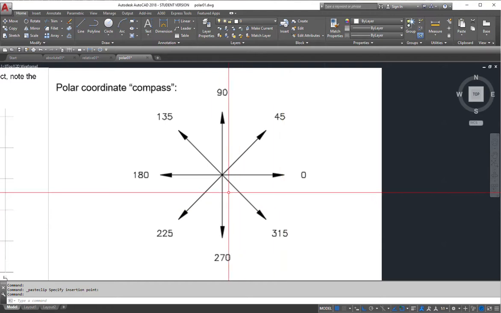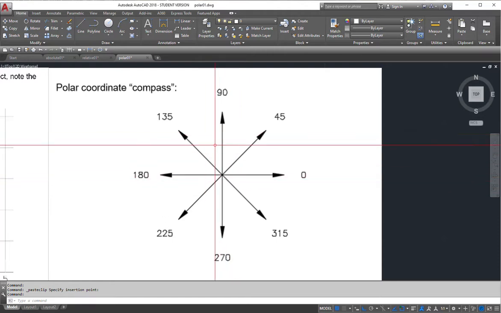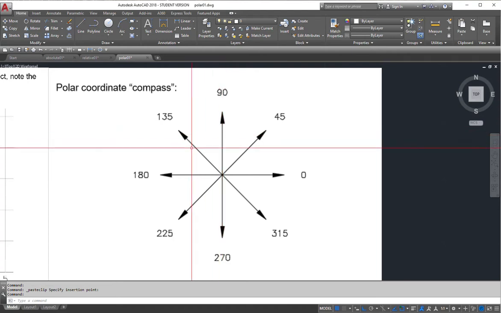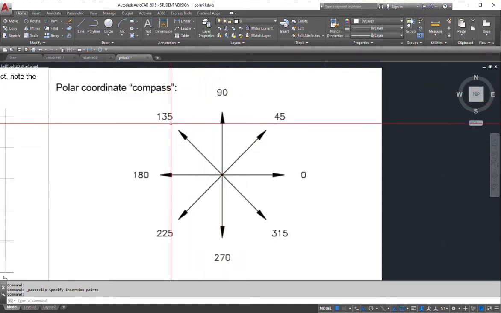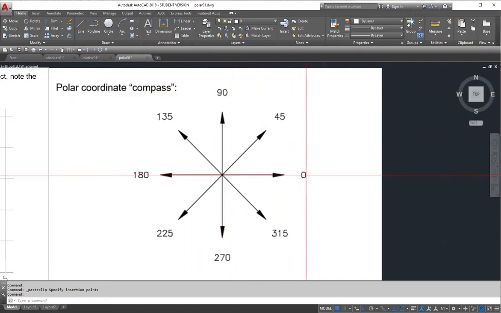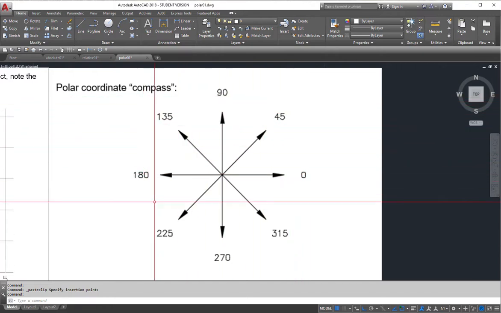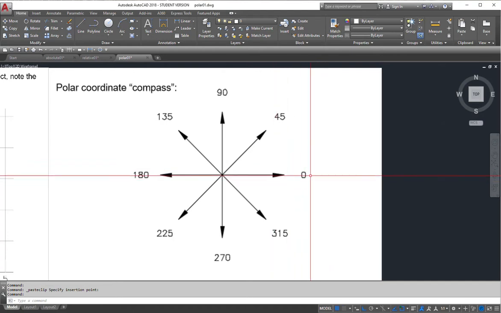But for now, in your exercises, if you are given an angle in reference to, let's say, 90, and then you have a 45-degree angle right here, then you will have to add the 90 plus the 45, because you are going in increments from 0 moving counterclockwise all the way around until you come back, and this will be 360, but we typically start with 0 because that's our reference point.